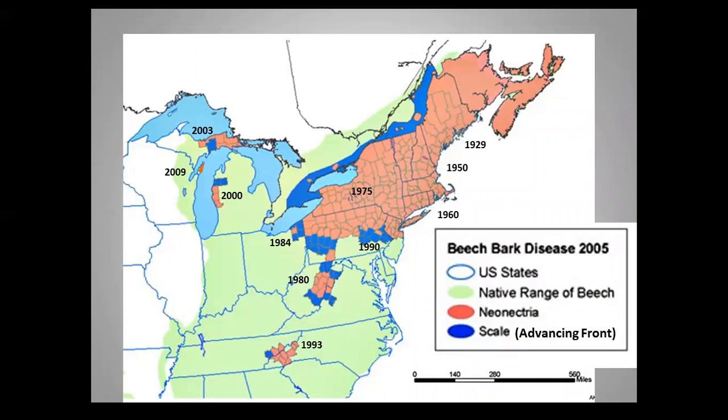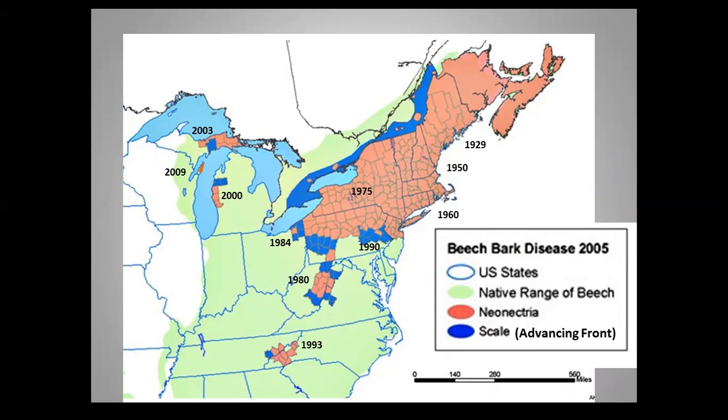This slide is showing the direction of the beech scale invasion. Since its introduction in about 1929 in Maine, it actually came in on a European beech and has slowly spread through New England ever since. It is estimated to spread about 6 miles per year, although you can see the outbreak in 1993 down in the Smoky Mountains, and then in 2000 up in the lower peninsula of Michigan were both sort of outlier infestations.